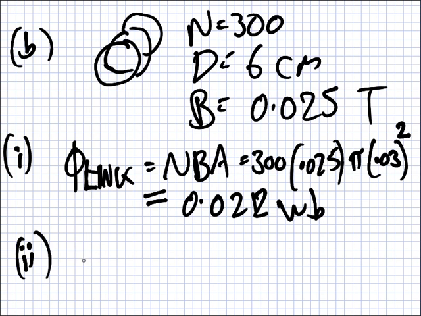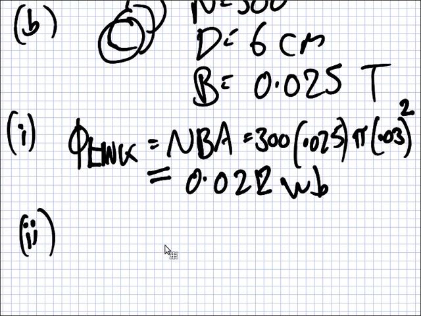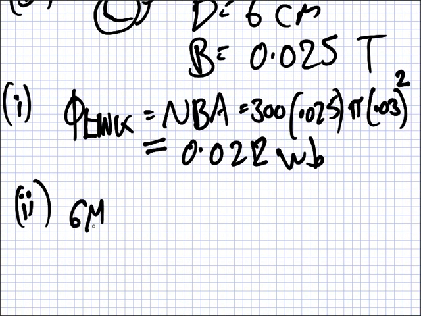Okay, what's part 2 then? If the coil is turned through, it's now at an angle. So 0.0212, and what's the angle? It says turn through 180 degrees, thus reversing the flux linkage, in the time of 2 milliseconds. They want the EMF.